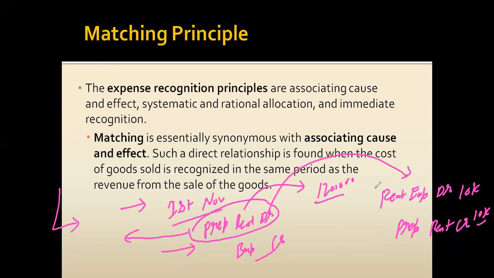So here, when I'm passing this entry on a monthly basis, I am actually following the matching concept, because I am utilizing this particular resource on a monthly basis. Say it's the office rent or factory rent, I'm utilizing it on a monthly basis. So based on that utilization, I am recognizing the expense every month.